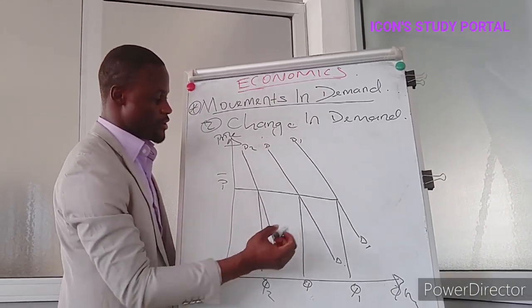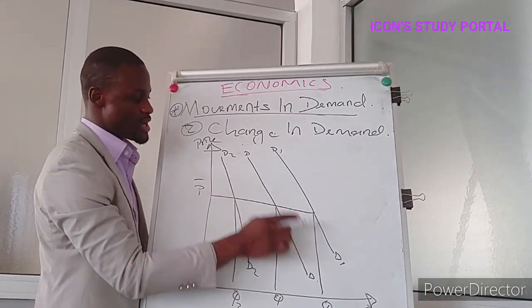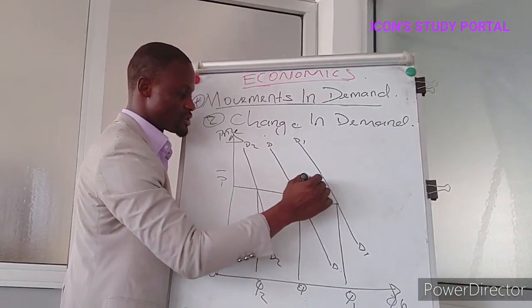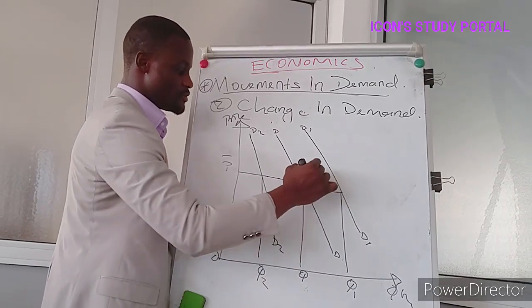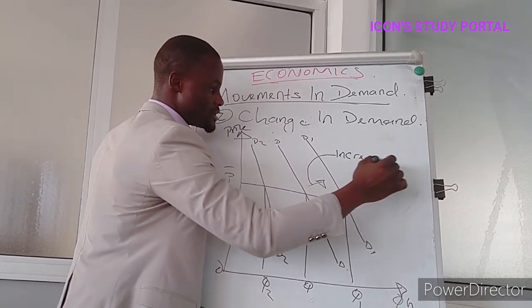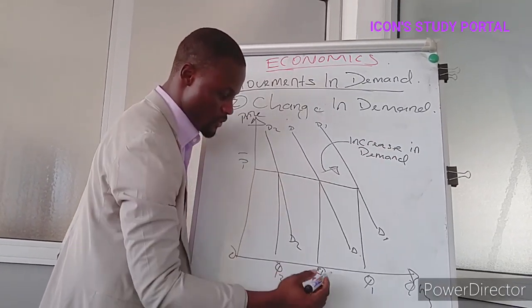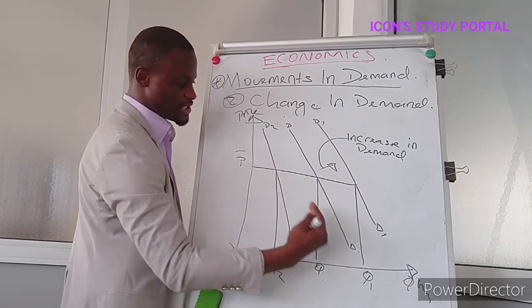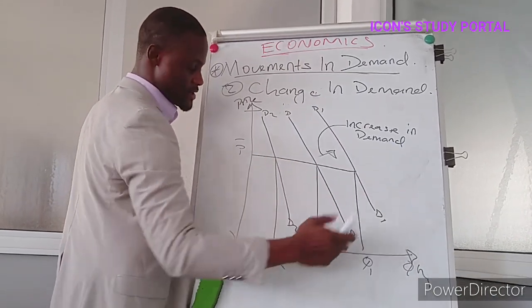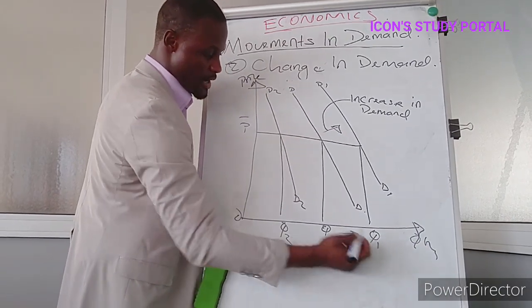So the movement, a complete shift from DD to D1, D1 is a rightward shift of the demand curve, which indicates an increase in demand. So this complete shift of the demand curve to the right will lead to an increase in quantity demanded from Q to Q1.